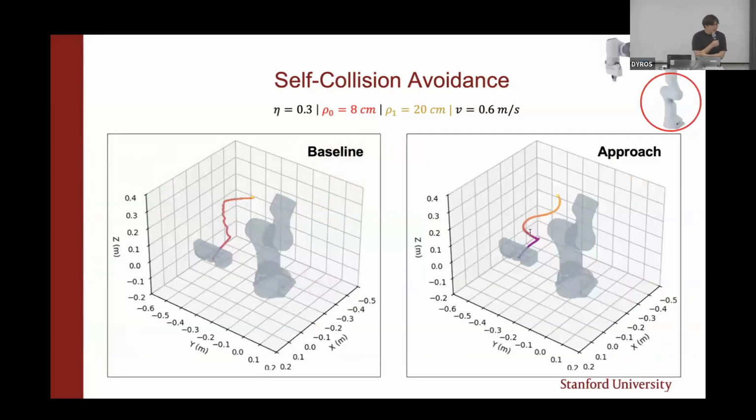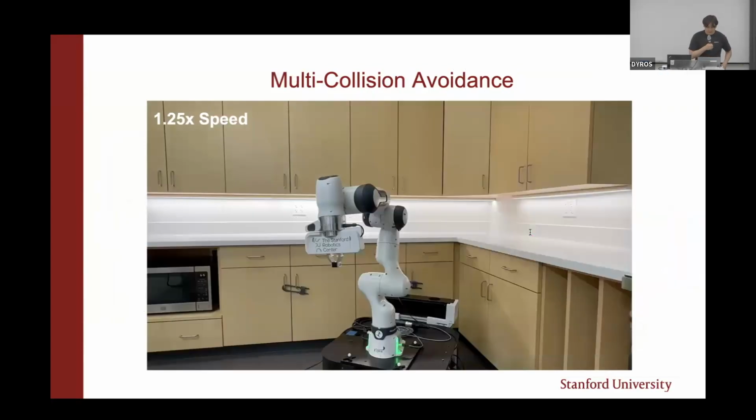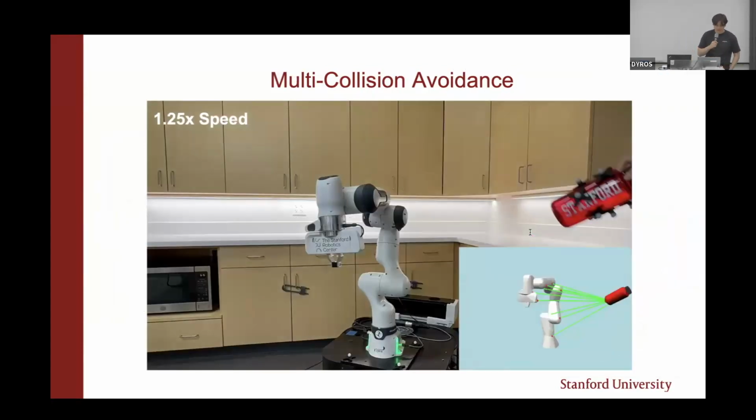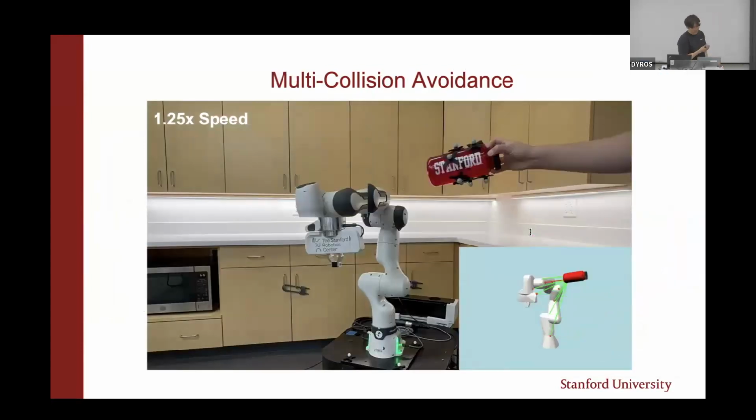And here are the trajectory plots comparing the baseline and proposed method. It shows the smoothness of the proposed method. The lower links are rendered with respect to the end effector to highlight the relevant links approaching self-collision. And here is collision avoidance with a bottle, so I'll just play it.